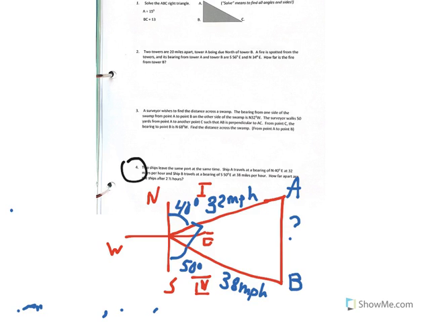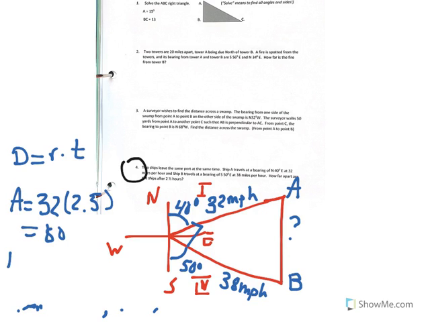So the first part is we need to know A's distance. So we have to do 32 times time, because we know distance equals rate times time. So 32 times 2.5, because that's 2.5 hours, gives us 80. And then for B, we have 38 times 2.5, which gives us 95, okay?